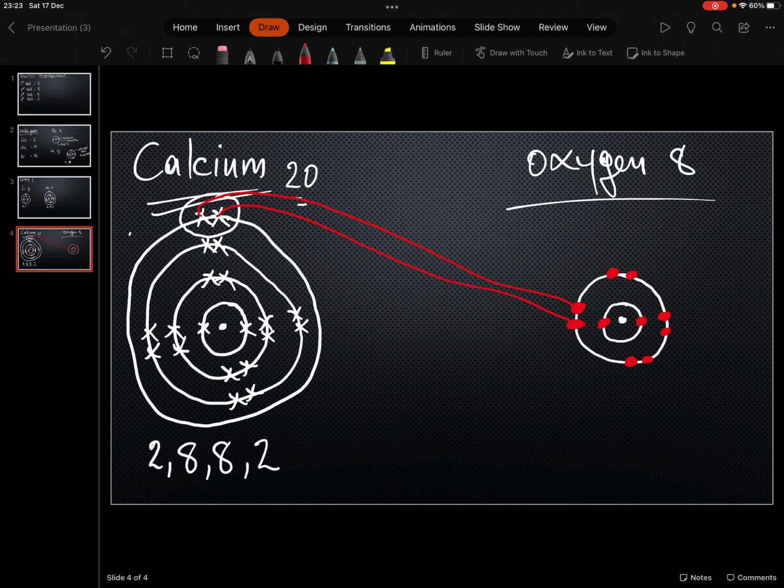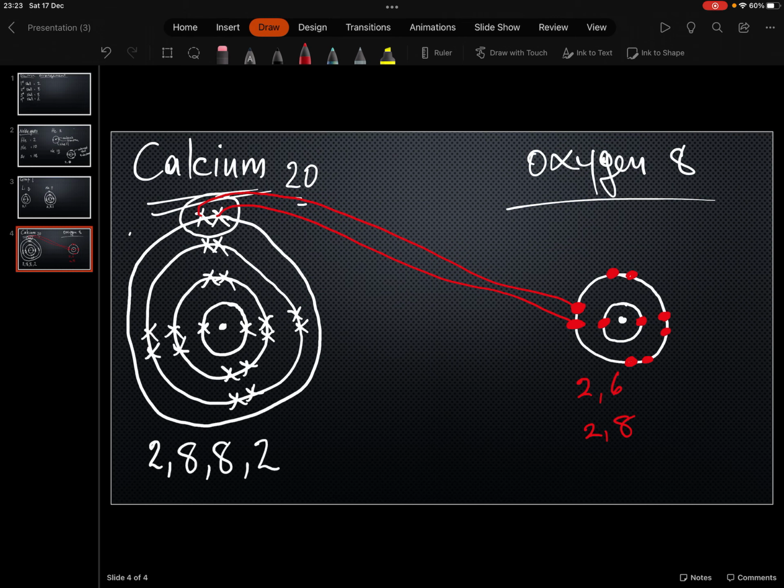Before, oxygen was 2, 6. Now oxygen is 2, 8, so it took on the status of a noble gas, the status of neon.